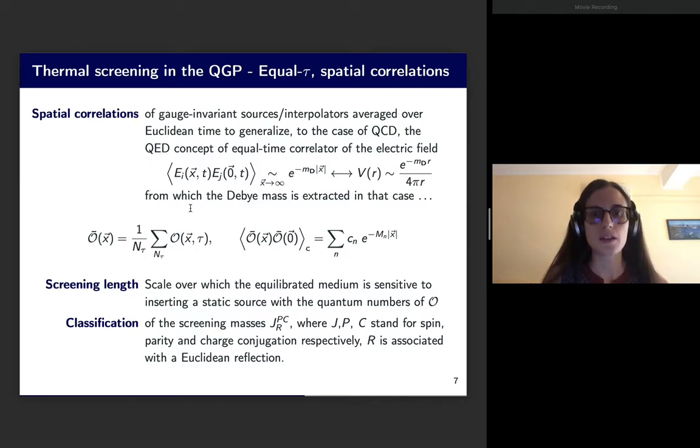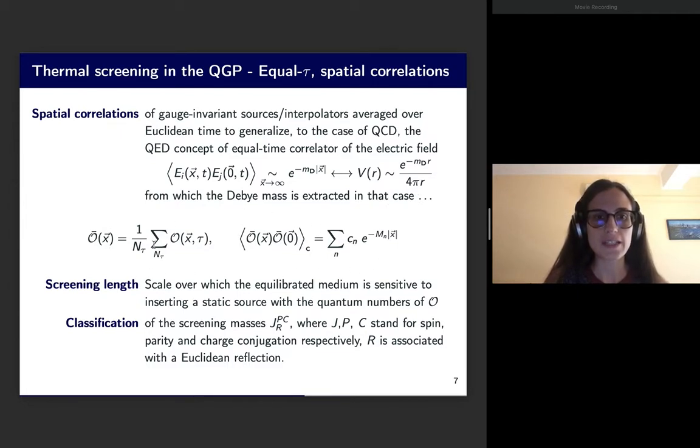So what one actually tries to do is to look at spatial correlation of gauge invariant sources or interpolators that are averaged over Euclidean time, which is a crude generalization to the case of QCD of the QED concepts that equal time correlators of the electric field, such as in the formula given on the slide, relate to the parametric form of the potential as a function of R, through which the Debye mass can be extracted in that case.